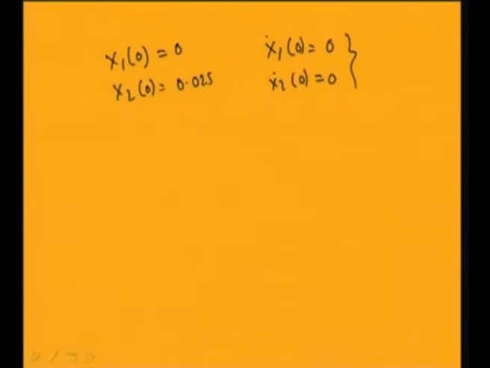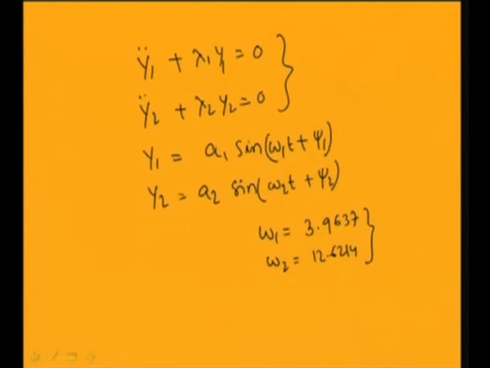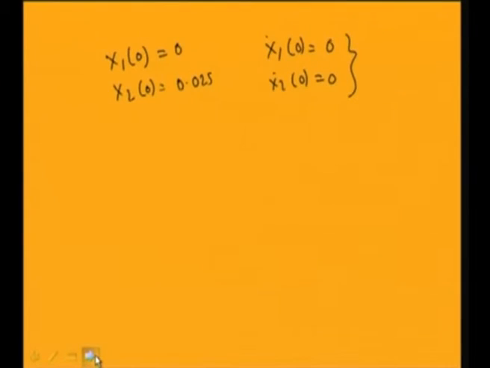By taking these 4 initial conditions in the previous equation, I can obtain y1 0 equal to 0, as I have substituted x equal to P y. So when x1 equal to 0, y1 becomes 0, and when x1 dot equal to 0, y1 dot also equal to 0. By substituting these I can find the coefficients a1, a2 and psi 1, psi 2.